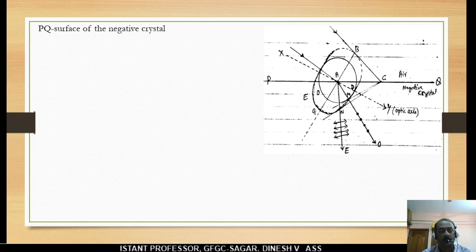Such a type of crystal is said to be a negative crystal. For example, tourmaline, ruby, emerald, sapphire, calcite and apatite crystals are negative crystals.